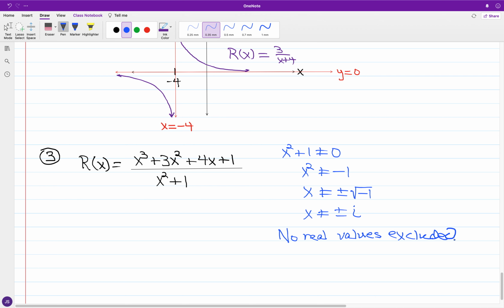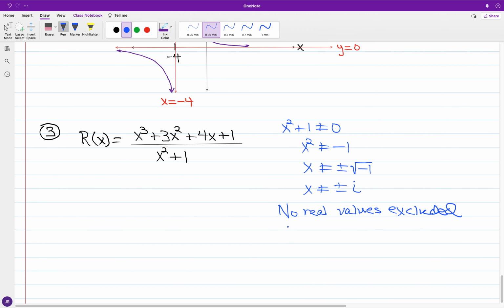And we're not working with a complex number system. The only way for x squared plus 1 to be 0 would be for those numbers to be not real but complex numbers. So there are no real values excluded. And so this means in consequence that there is no vertical asymptote.